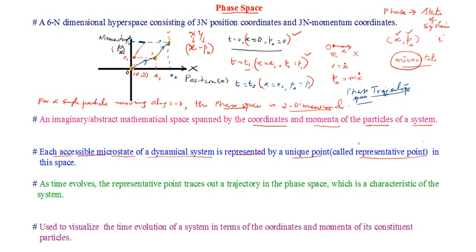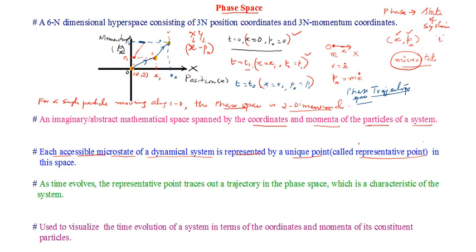It's just an imaginary curve obtained by connecting the various representative points of the system with the passage of time. I'll make it clear with more solid examples.